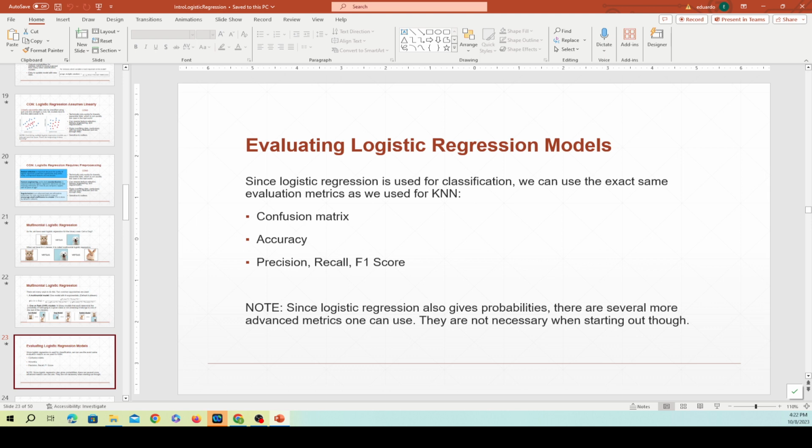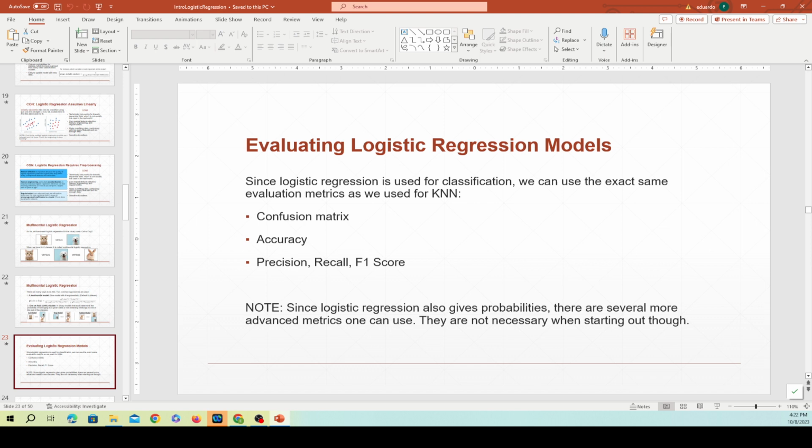Because logistic regression also gives probability, there are several more advanced metrics one can use.